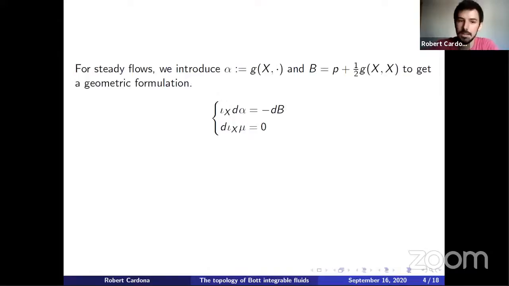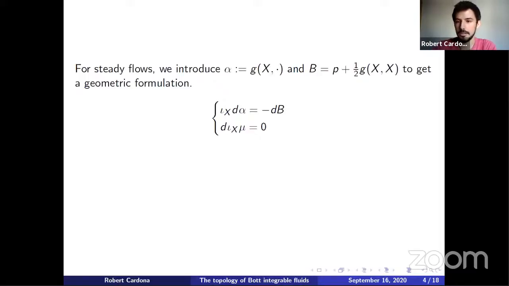I'm focusing on these solutions because it becomes surprisingly geometric, and you can look for another formulation of the equations, which is equivalent but much nicer for people working in differential geometry. To do so, you introduce the one-form alpha, which is dual to X by the metric, and a function which depends on the pressure and on the metric, called the Bernoulli function, which I'll be denoting B.